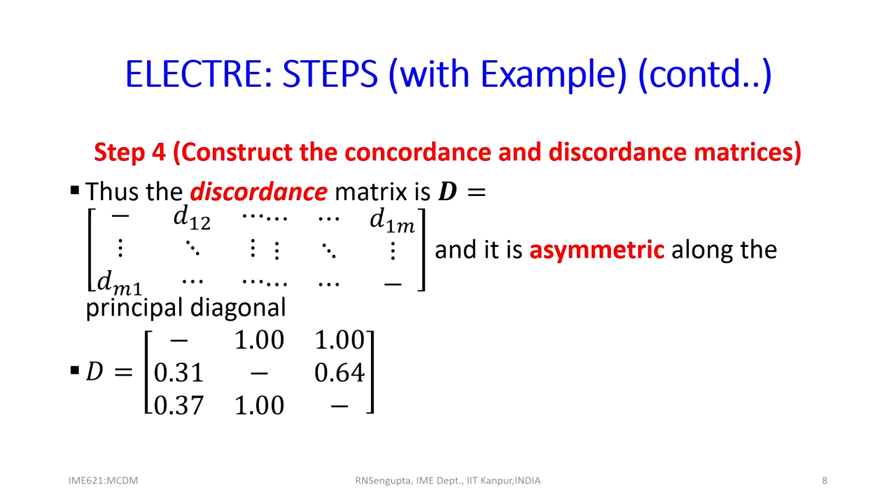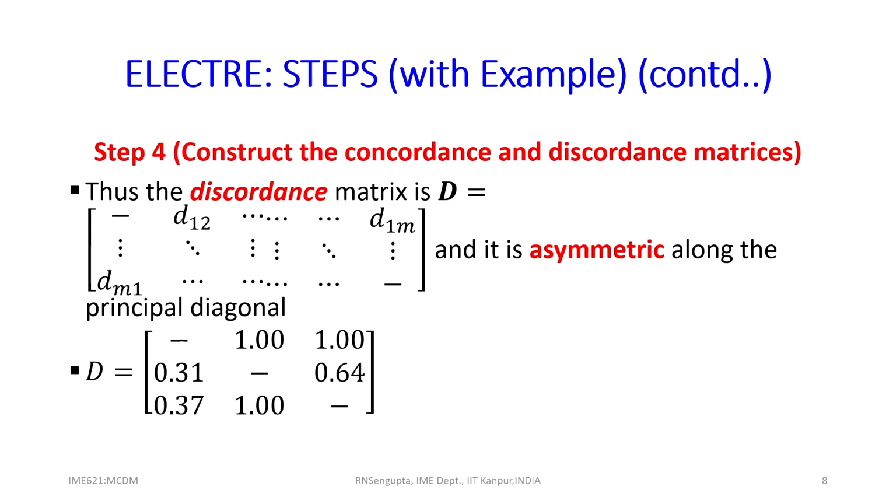Now, construct the concordance and discordance matrices. The discordance matrix would basically be the values which I have just written down. When I have the d values, they are not the weights as I found in the case of concordance. Again, the principal diagonal, where I am drawing this black line, and the elements are not symmetric. Also remember one thing: in the concordance set, as we are adding up the weights, the sum of the weights of the mirror image of the principal diagonal was 1.